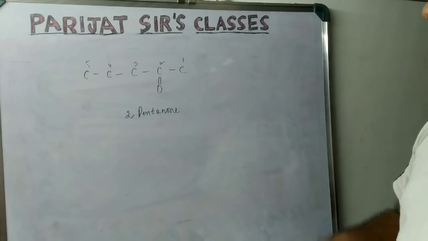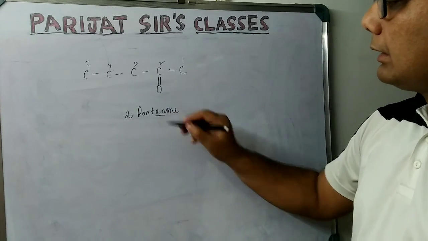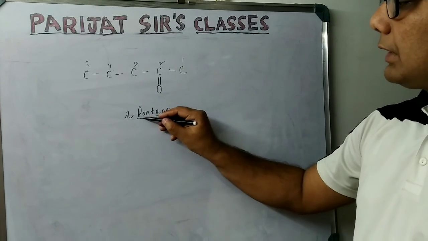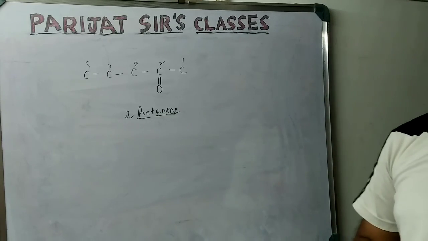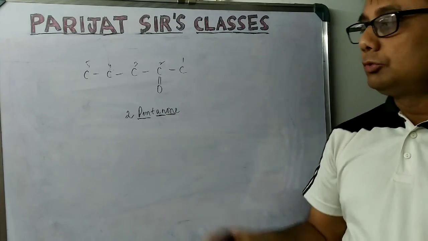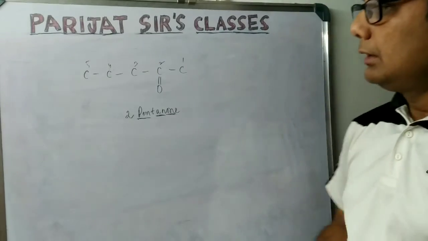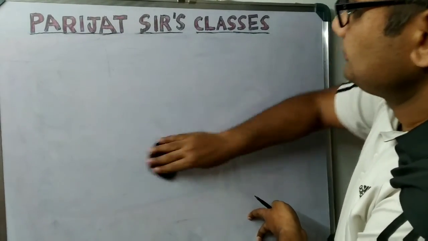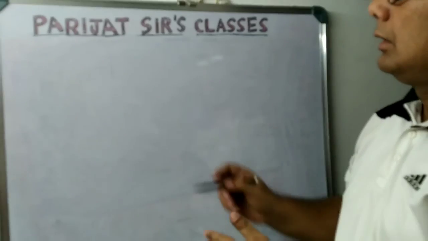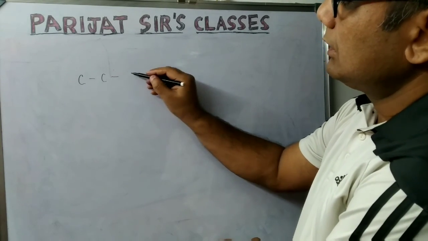All carbon atoms are having single bonds. That is why I told you it will be the alkane group, an. Pent means 5 carbon atoms, and one means it is a ketone group. So it's 2-pentanone. This is the name of the compound. So let's see furthermore. Suppose we have got this compound.